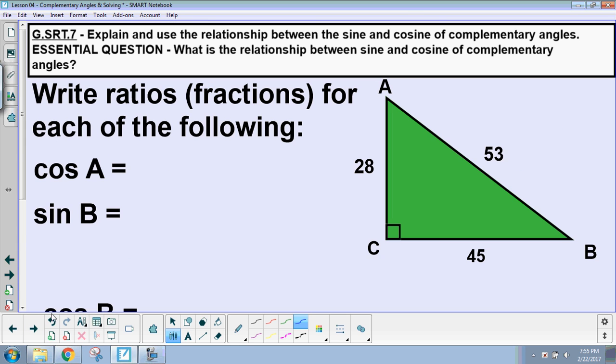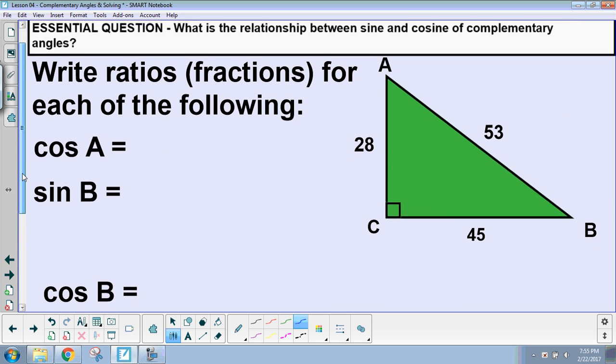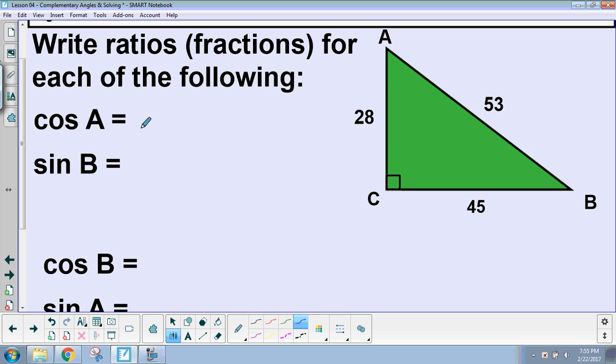So again, we're going to write ratios here. I'm going to skip the labeling and go straight for the kill shot. So cosine A will be adjacent, which is 28, over hypotenuse, which is 53. And I guarantee you this sine B is again going to be 28, because it's opposite, over 53, the hypotenuse.